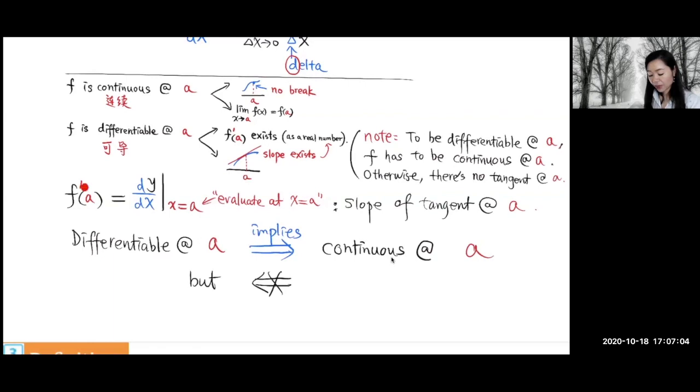Now, f prime of a, you can write as dy dx with a bar and x equal to a, which means you evaluate this dy dx when x equal to a. You can think about this as the slope of the tangent at a.